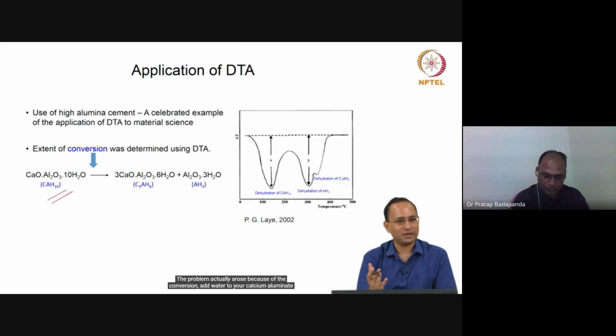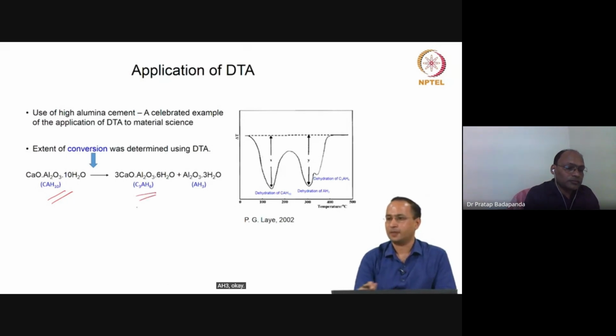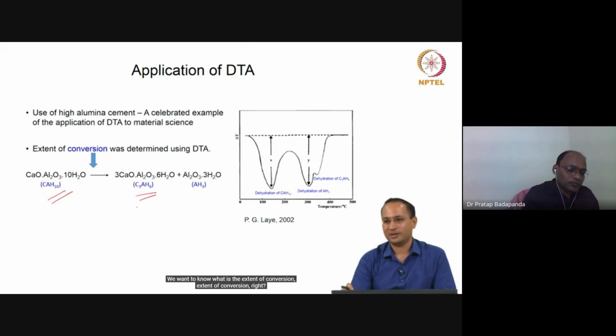Add water to your calcium aluminate cement, you form this calcium aluminum hydrate CaH10, and it gets converted to C3AS6 and AS3. Okay? So this conversion leads to loss of strength. We want to know what is the extent of conversion.